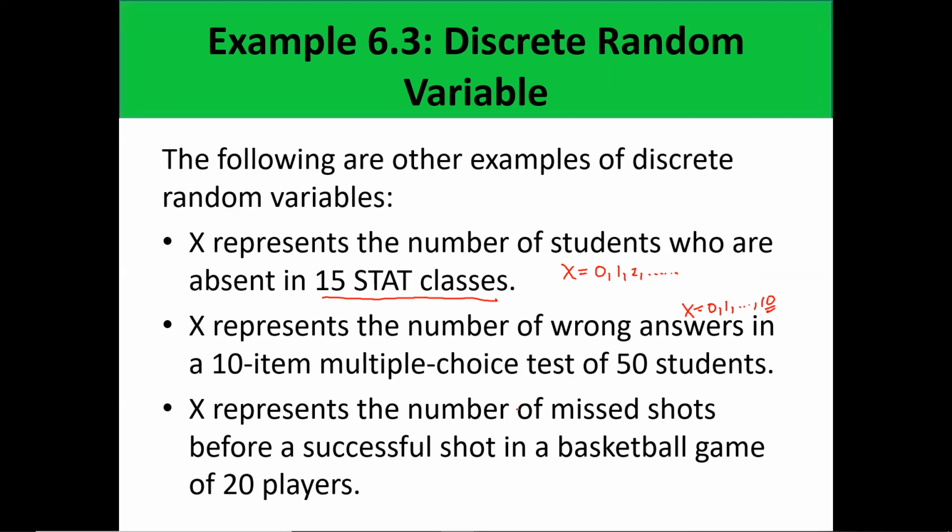Or player 3 could have made his first successful shot on his first attempt, so that would be x equals 0. In this case, x could be 0, meaning the player made his first successful shot on his first attempt. X equals 1 means that the player has missed one shot before making his first successful shot. X equals 2 means that the player has missed 2 shots before making his first successful shot. And then this will go on until infinity.